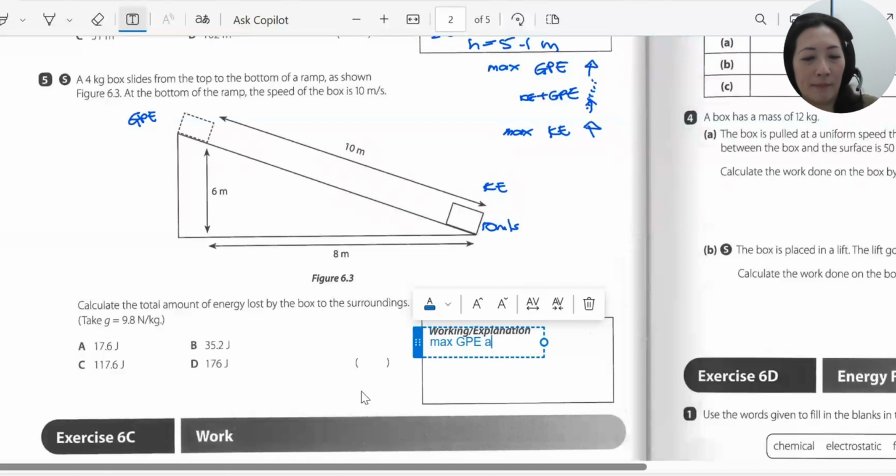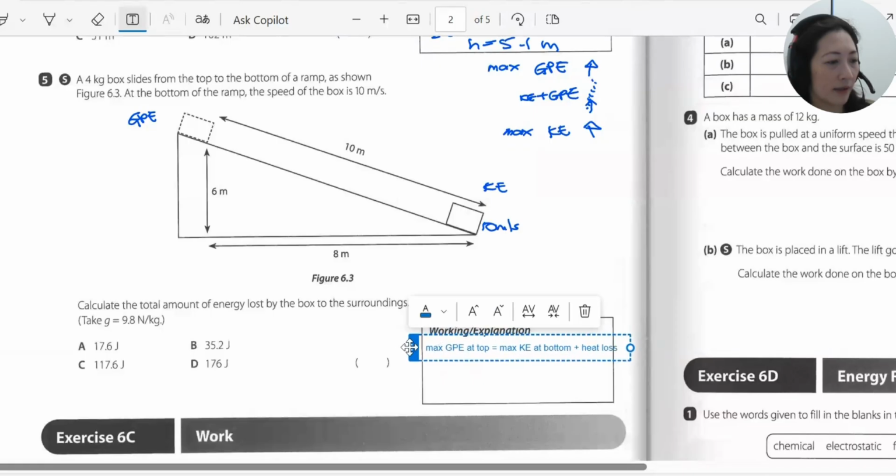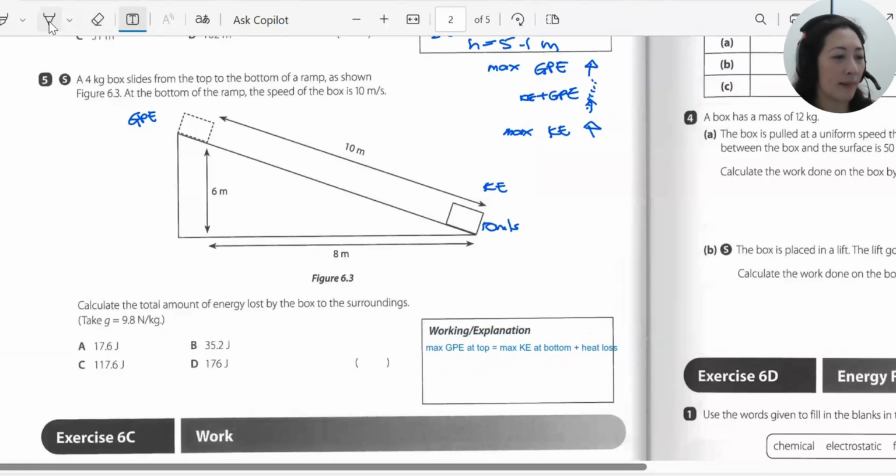Okay, so maximum GPE at top is equal to the maximum KE at the bottom plus heat loss. I'll shrink this so that it can squeeze into the box. The maximum GPE at the top is mgh. Kinetic energy is half mv squared. Heat loss is, of course, unknown.